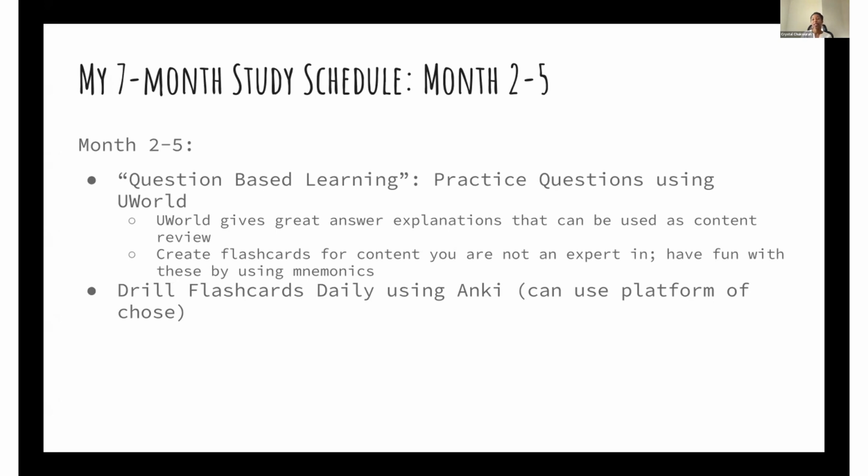Instead, I did a set of maybe 10 questions, and then I reviewed those 10 questions. I would give myself as much time as I needed to review them. I didn't put time constraints on myself, like I need to review these within 10 minutes. If it took 2 hours, it took 2 hours.